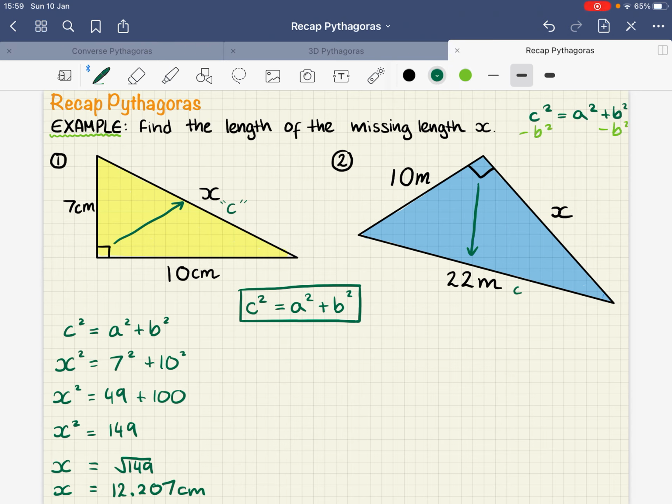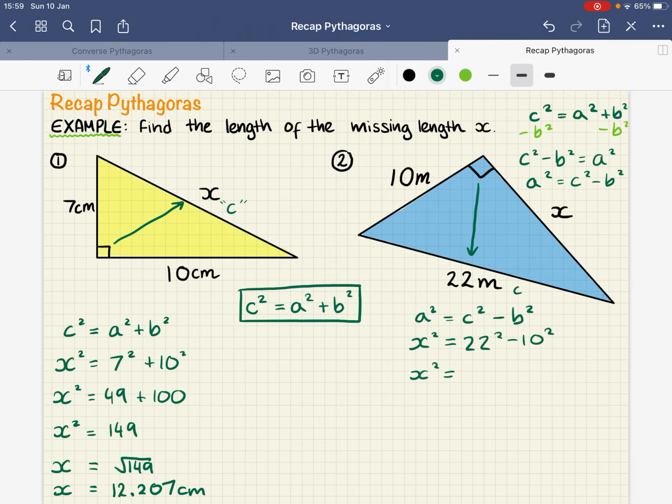And so that means I've got c squared minus b squared equals a squared, or a squared equals c squared minus b squared. So you can either memorize that bit at the bottom as our formula, or when in doubt, if you do forget at the time, you can rearrange your original Pythagoras formula to give you what you want. So that's going to be x squared equals 22 squared minus 10 squared.